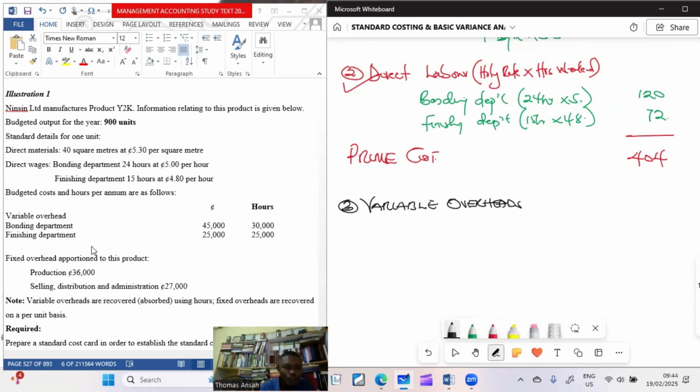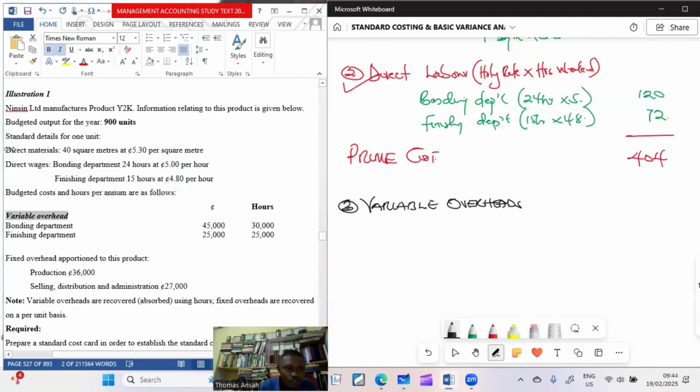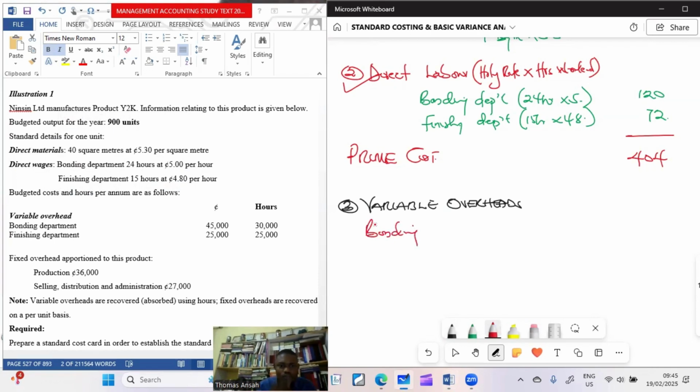So the variable overheads, we are bonding the variable overheads being here. So you see, oh, no. These were our direct materials. Is that not it? This is direct wages. All right. So the variable overheads we are bonding. And we have this one. So how do you determine the variable overhead?